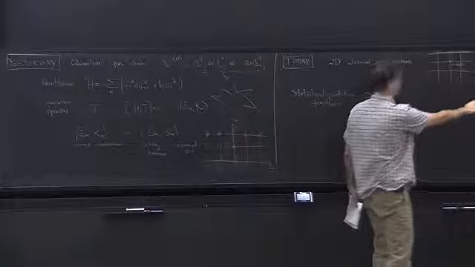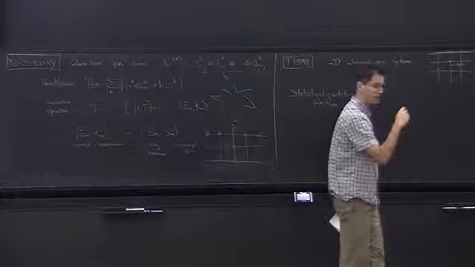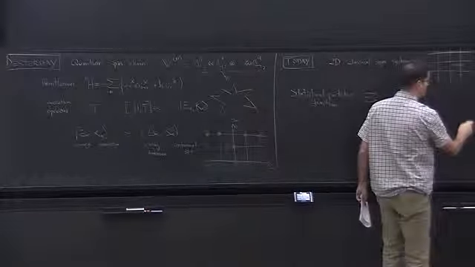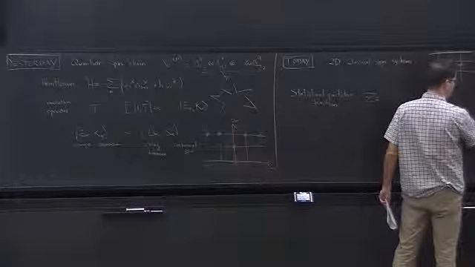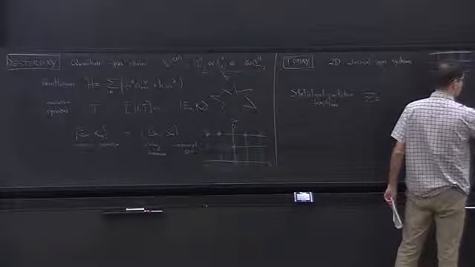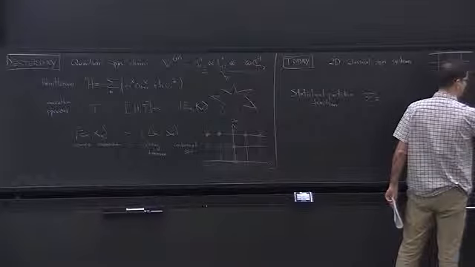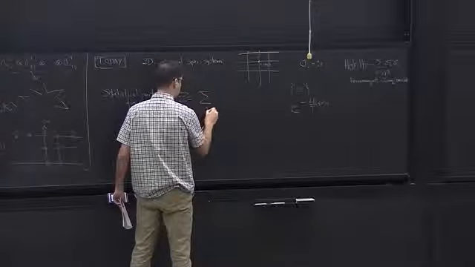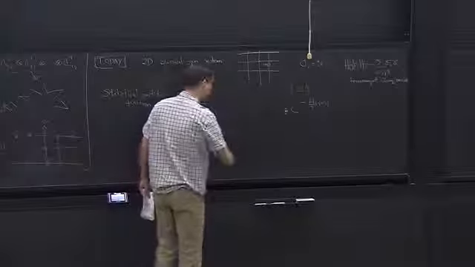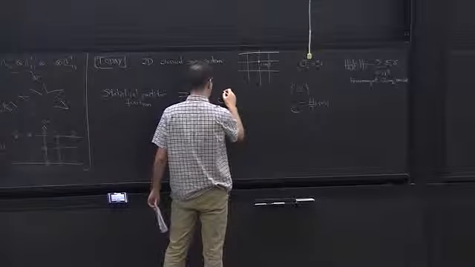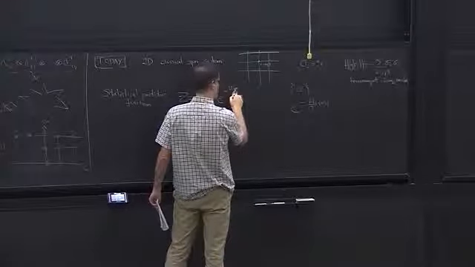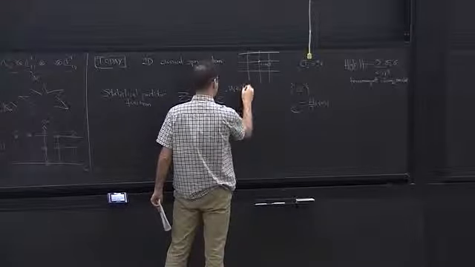So a choice of up, down, up, down, plus 1, minus 1, etc. And we're going to attach a weight to that, which is going to be proportional to exponential of minus the Hamiltonian divided by T, the Hamiltonian evaluated on that configuration. And so the partition function is just going to be a sum over all possible configurations of those weights. Okay? The usual Boltzmann weights. We're doing statistical mechanics.